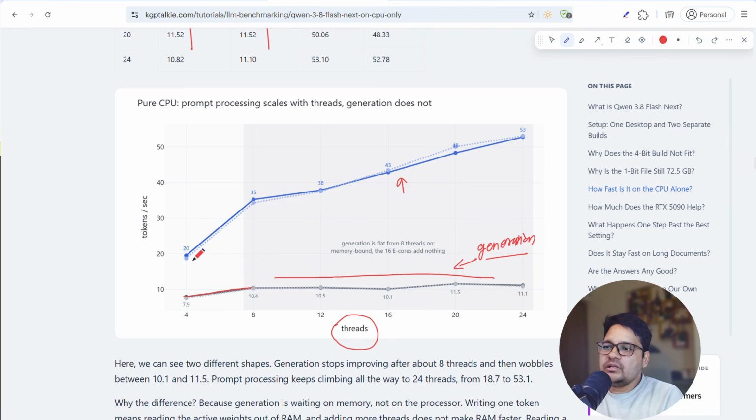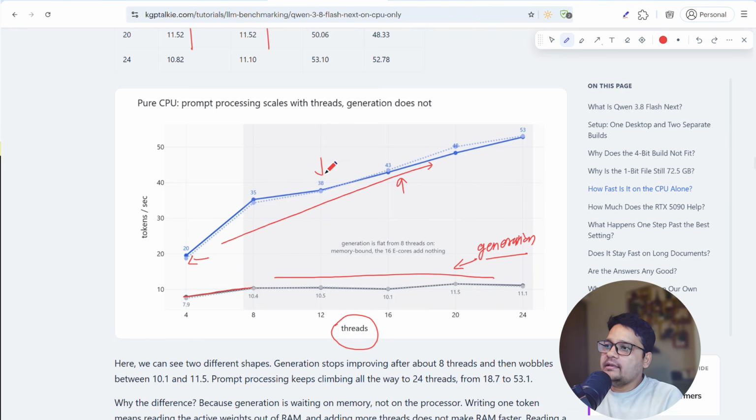Input processing speed started at 20 tokens per second, thereafter 35, 38, and then it kept increasing. So two things are coming here. Input processing speed is increasing as threads are increasing, but output generation is not increasing. So the question is, why?